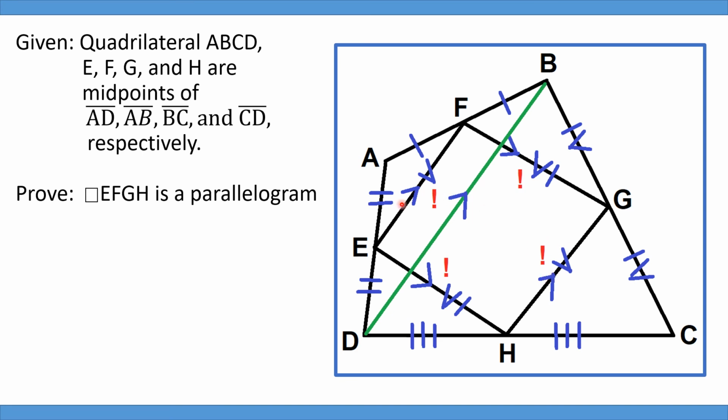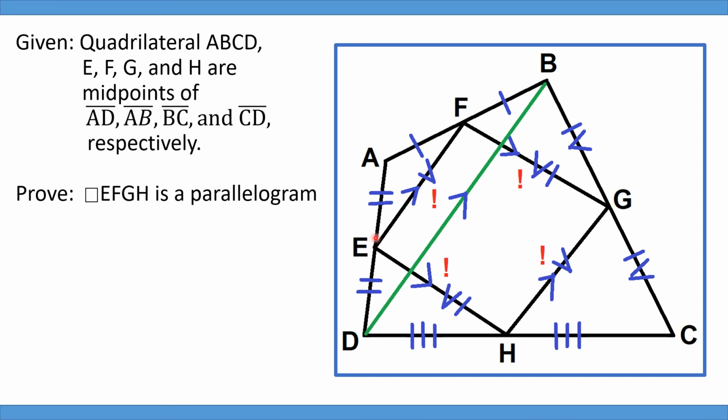So, if this segment is parallel to the third side here, and this segment is parallel to the third side here, then what must be the conclusion, or what must be the consequence with regards to segments EF and GH?